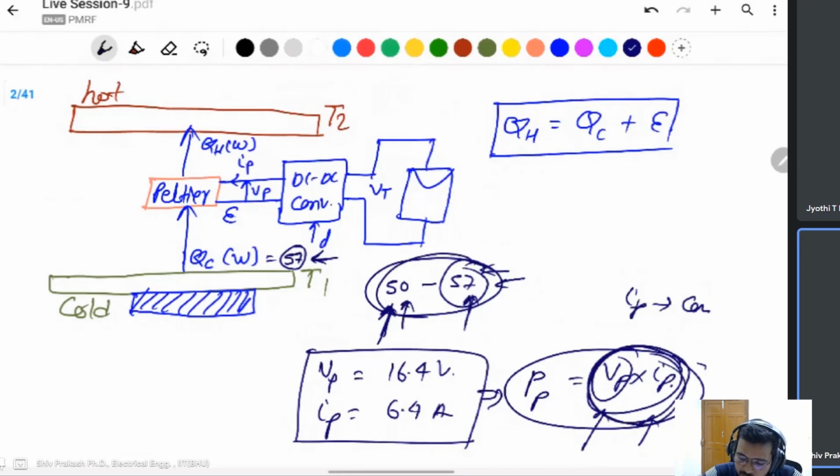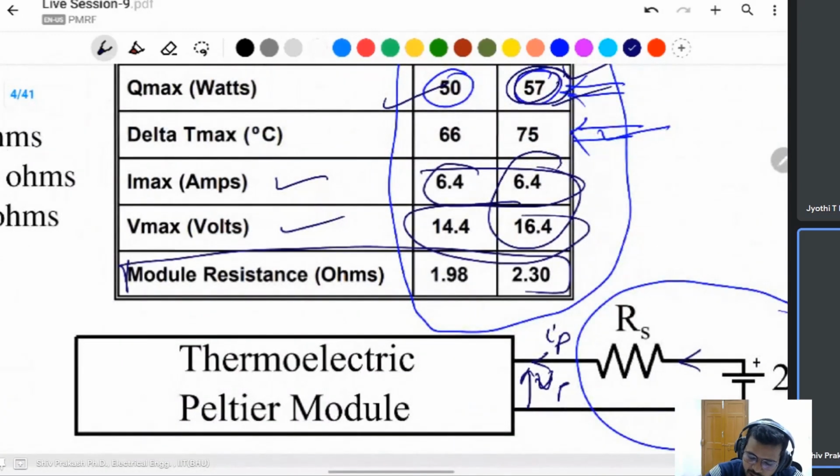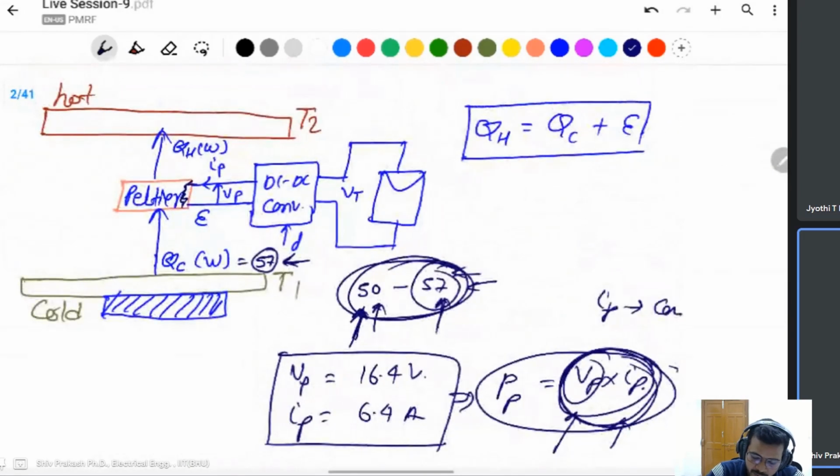The remaining power is lost through this module resistance. The module resistance is also given here. The remaining power drops here, and the Peltier device will heat up, because the supplied power is more than the transferred power, and the transfer is not sufficient as the 57 watt.